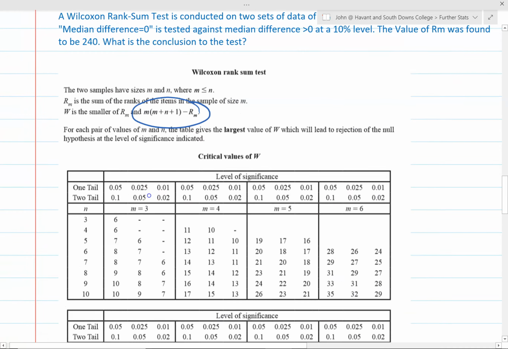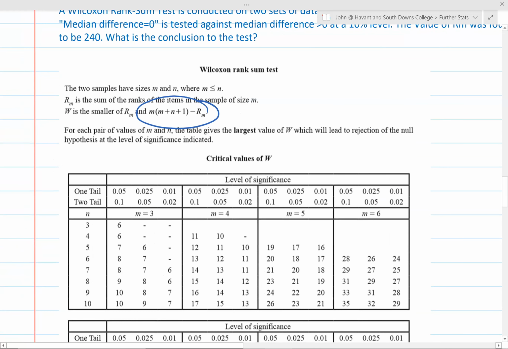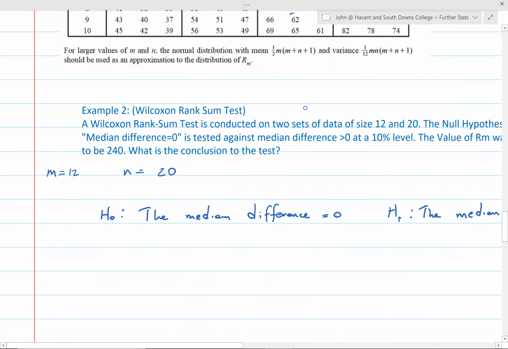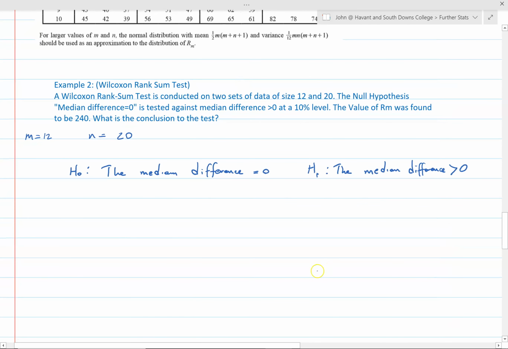That quantity there, and I will talk about this in a final mopping up video following this, is what RM would be if you ranked in the opposite direction. So you're taking the smallest and largest. But again, because we're approximating to a normal distribution, if you happen to be at the other side of the normal distribution, you just test this side of the tail and have done with it.